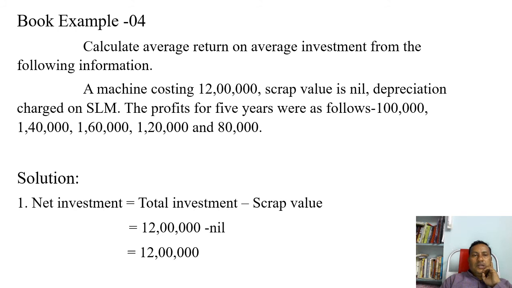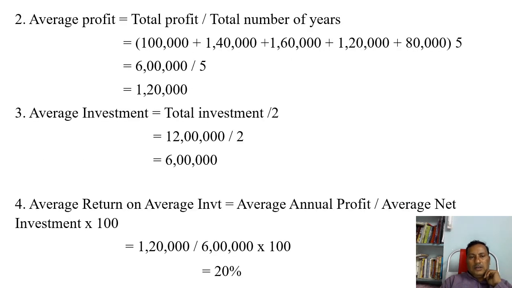Another example, calculate average return on average investment. Machine costing 12 lakh, scrap value is nil, depreciation is on straight line method, profits for the 5 years given are 1 lakh, 1 lakh 40,000, and so on, same as the second book example. Only thing is that here you have to calculate the average return on average investment. Net investment remains the same, 12 lakh, because the scrap value is nil.